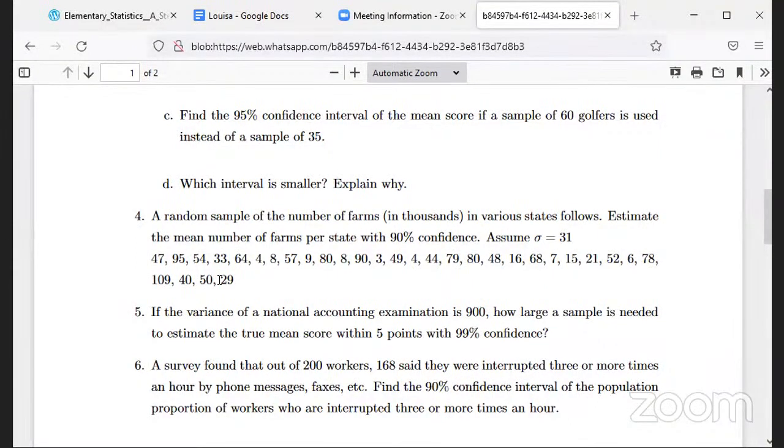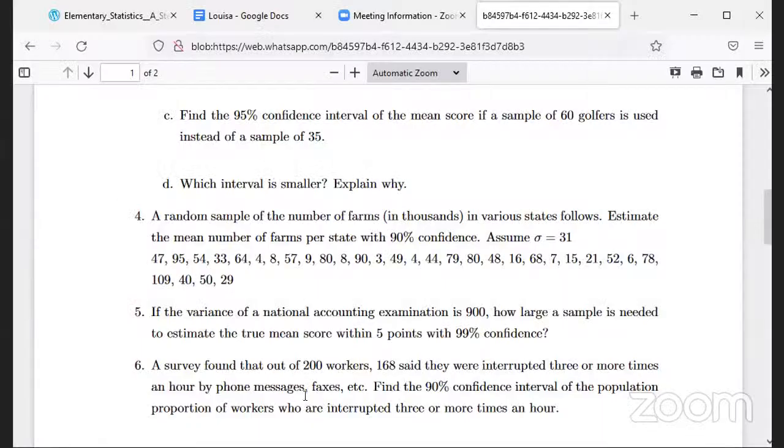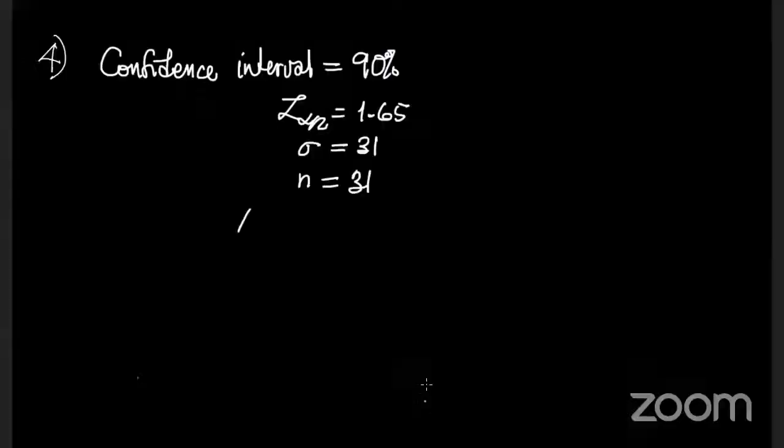It means that the sample size is 31. What are we expected to find? We're expected to estimate the mean number of farms.